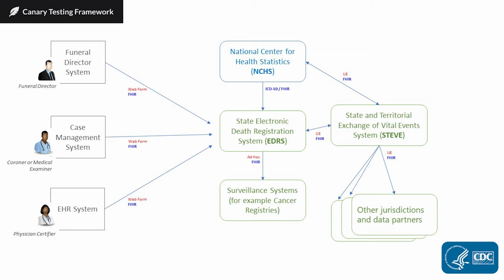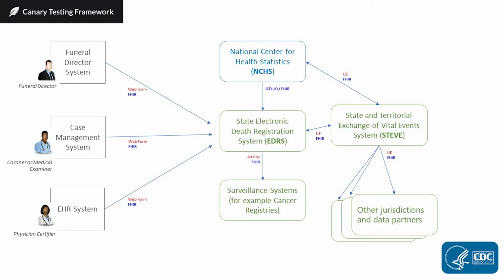The data itself is transmitted from system to system using a combination of web forms, an existing standard called Interjurisdictional Exchange Mortality Layout, IJE Mortality, the CDC's Public Health Information Network Secure Messaging System, PHIN-MS, and ad hoc solutions, as noted in red text.